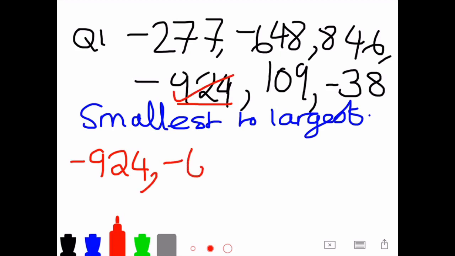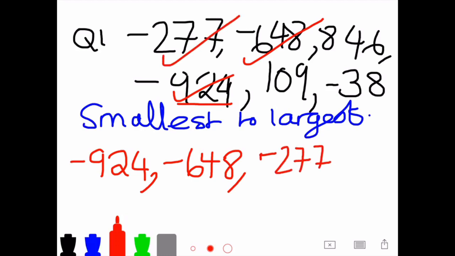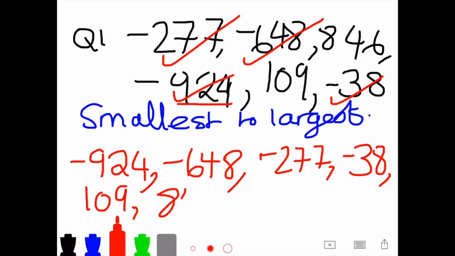Our next candidate is -648. We just take that off, and then our next one will be -277, and then so on. Our next one will be -38, and then our next one will be 109, and lastly the most will be 846.